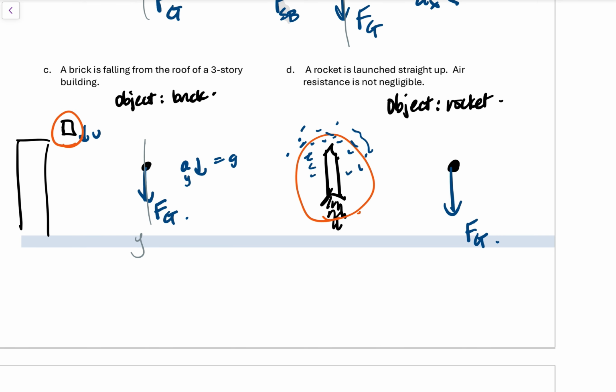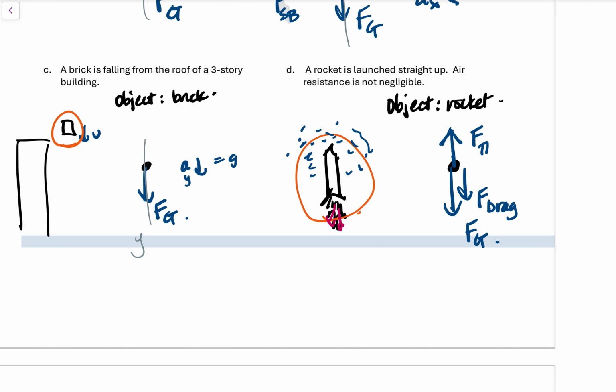I've got our air particles. So as the rocket is going up, the air particles are going to be pushing back. So it's kind of a contact force. So we're going to have a drag force. I'm just going to set this right next to that gravitational force, so they're headed in the same direction, directly down. And then we also have the thrust, and the thrust is going to be opposite of the direction that the gas is expelled, right? So if the gas is going out this way, then we're going to have a thrust force up this way.